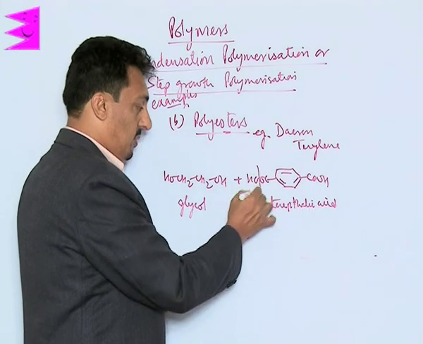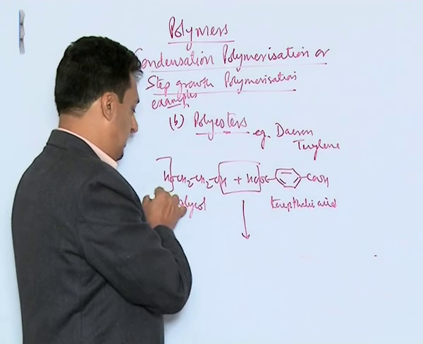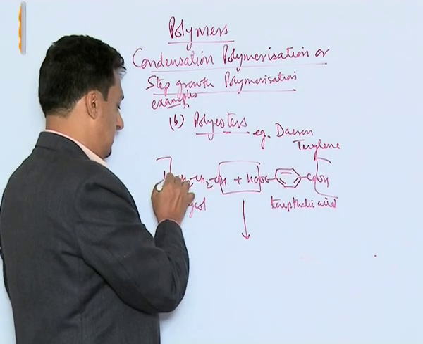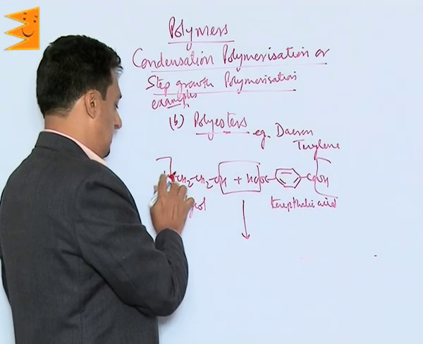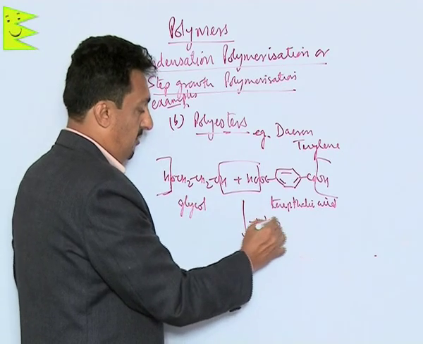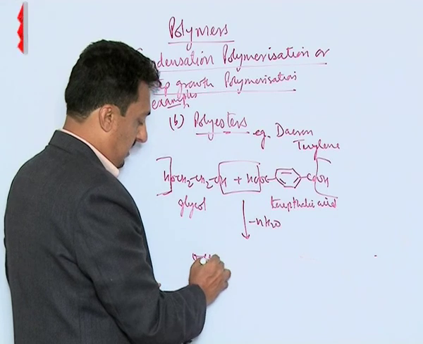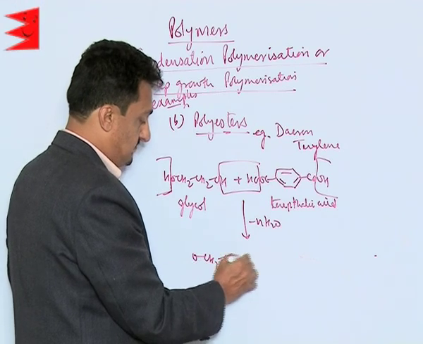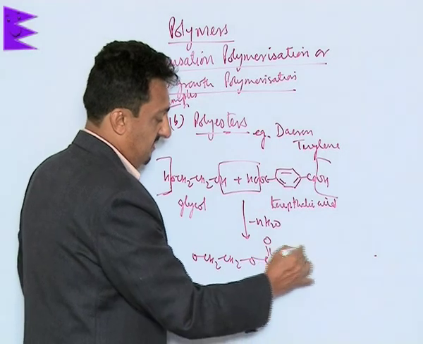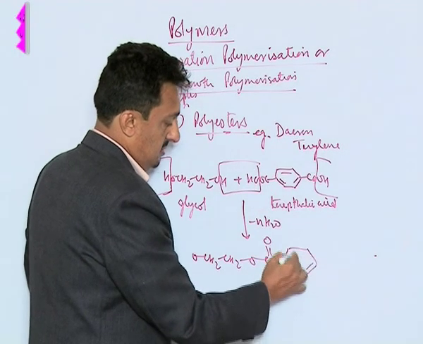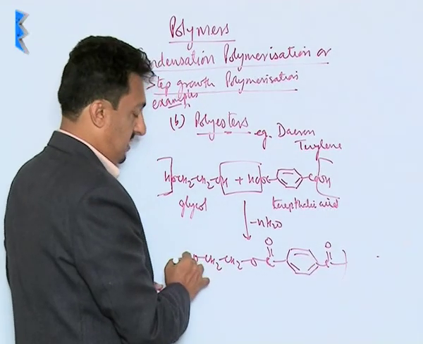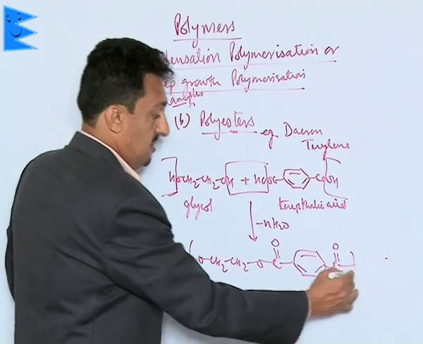What happens is OH of this and H of this goes out. From here the H goes out, from here the OH goes out. So n number of water molecules are lost, and we get CH2, CH2. This is the ester linkage we are having.